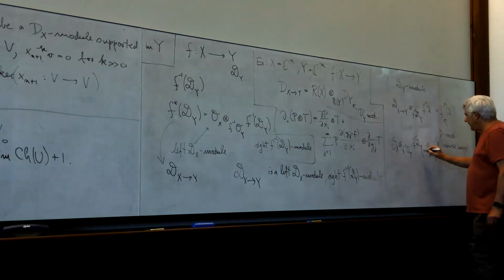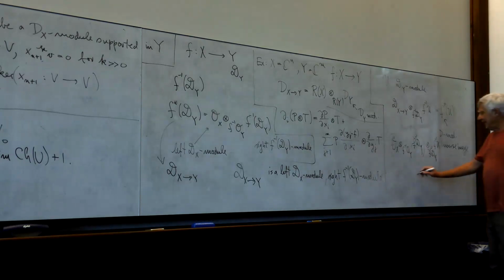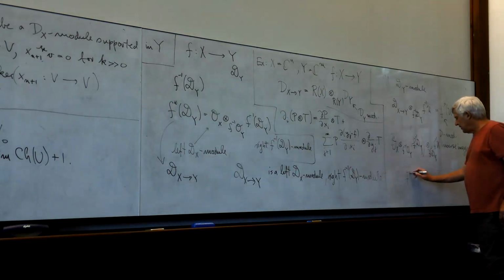So these cancel, and we see that if we forget the D-module construction, it's just the inverse image.